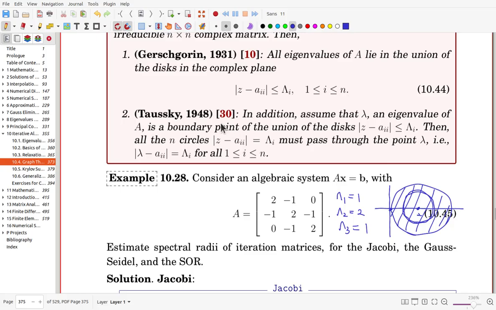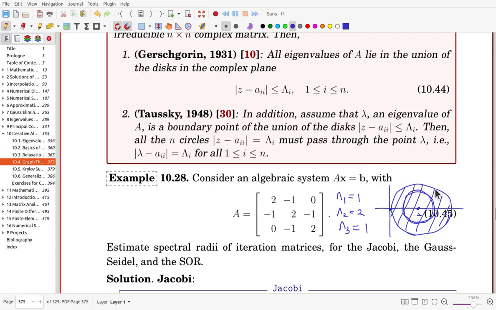Now, Taussky's theorem, 17 years later, answered the question quite clearly. In addition, assume an eigenvalue, small lambda, is on the boundary of any disk.